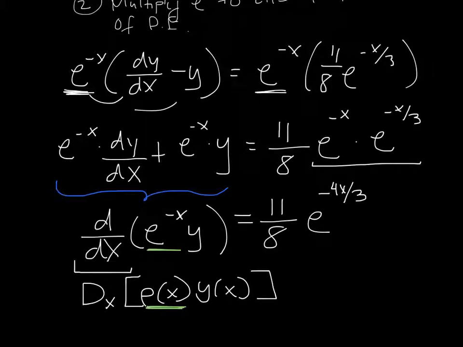Okay, so now that we have this, we recognize this derivative of a product of functions, we can definitely integrate. My step here, let me go ahead and write. So here we recognized that was a product, the derivative of e to the negative x and y.